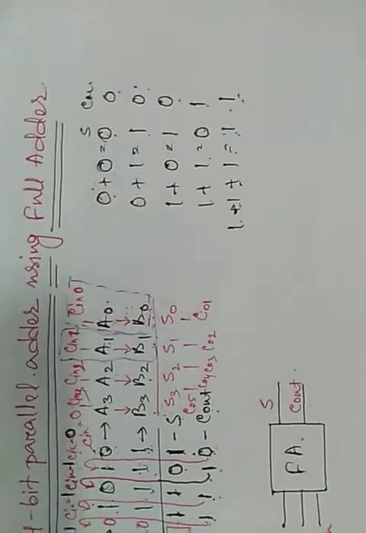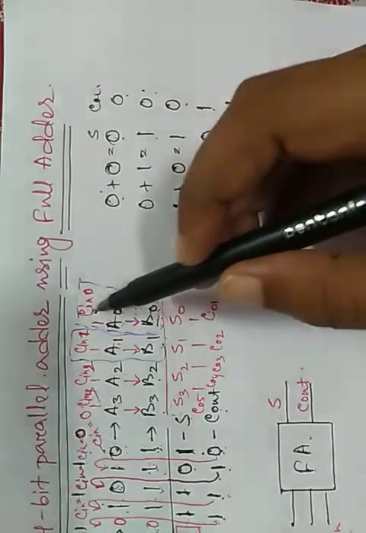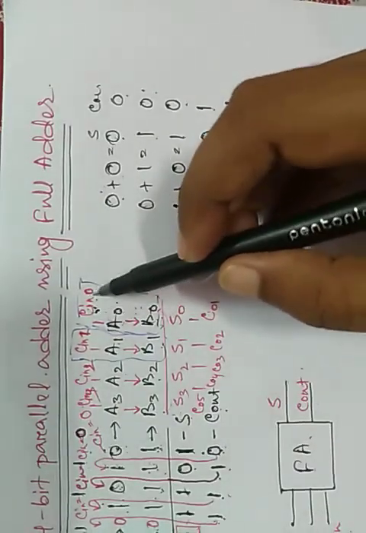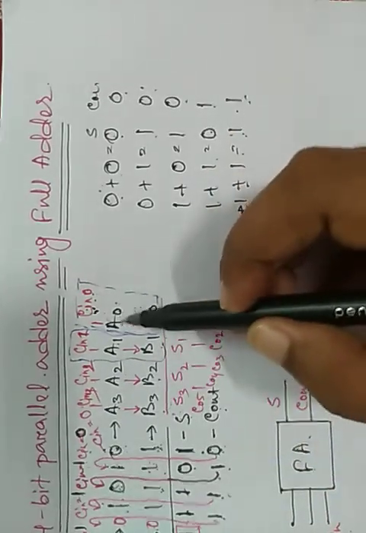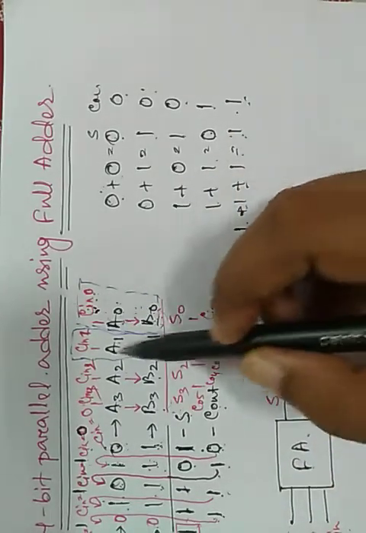Okay, now just follow this step. For every adder, input is C in 0, A0, B0. At first I am writing these inputs. For the first adder, input A0, B0, A1, B1, A2, B2, A3, B3. Okay, so here I am writing this one.